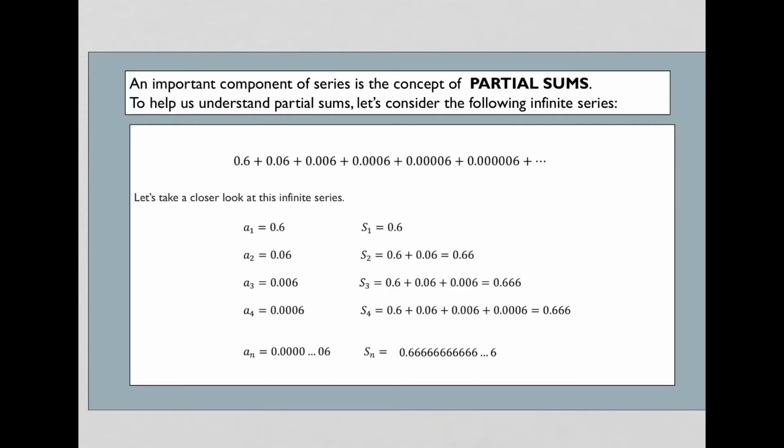Notice this infinite series is made up of a set of infinite terms where a sub 1 is the first term, which is 0.6, a sub 2 is the second term, which is 0.06, a sub 3 is the third term, which is 0.006, etc., all the way down to a sub n. And a sub n is the nth term in the series, where we have n minus 1 zeros followed by a 6. So it's 0.00000 all the way till 6.